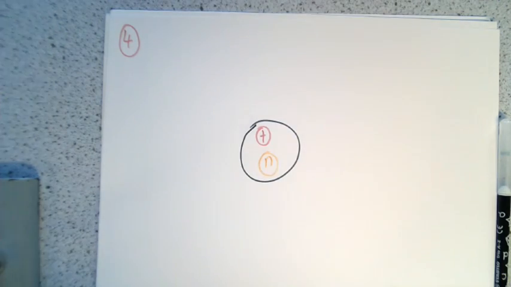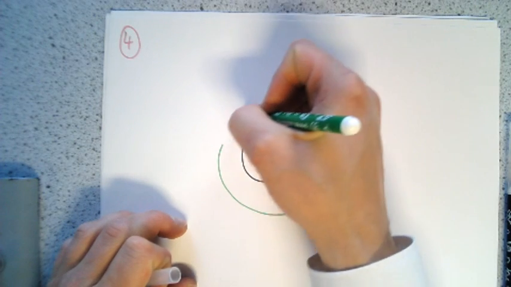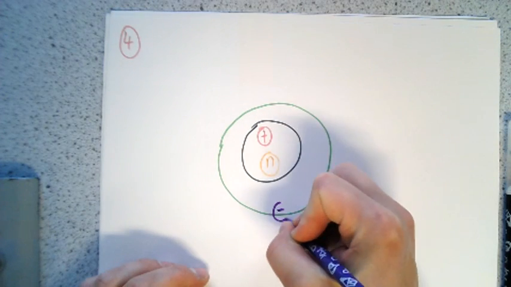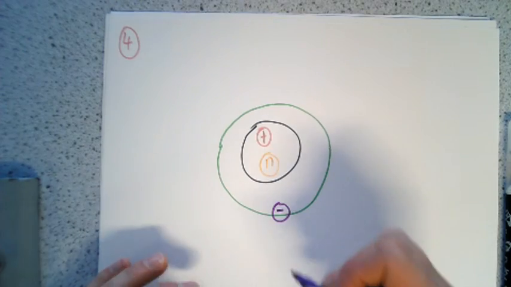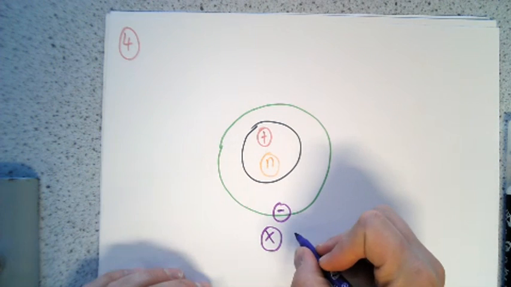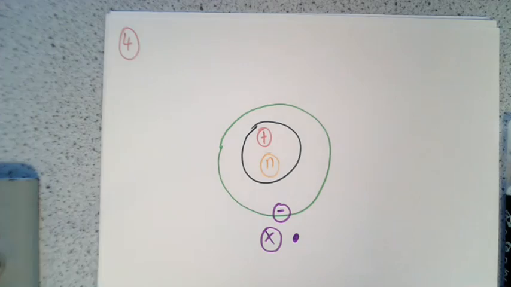We've also got around the outside things called shells, or in this topic you may hear them referred to as energy levels. And on those energy levels you will find your negative electrons, which sometimes we draw, and I put that as a negative so you don't forget, but sometimes we draw them as a cross. Or a little bit of chemistry, you may draw them as a dot, you've got dot and cross diagrams, okay?